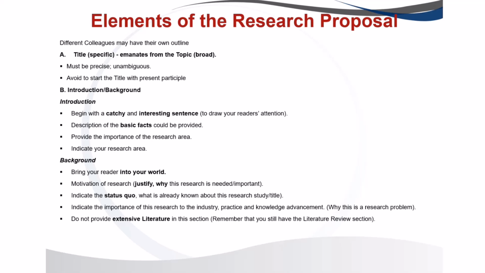Let's say your title reads as follows: Educators' Perception on the Use of ICT. That's a title now, which comes from a broader topic. And remember that everything must be precise. Your title must be precise, and it also needs not to be ambiguous. It must be clear. It should not have double meaning. It just needs to be precise.